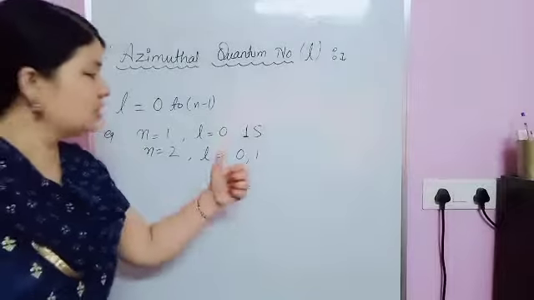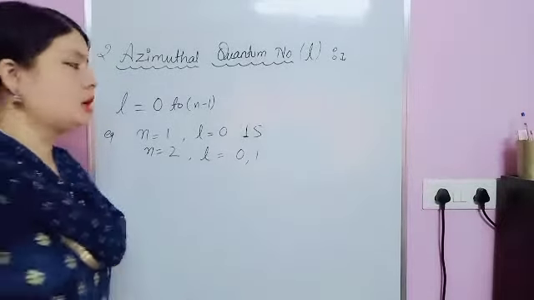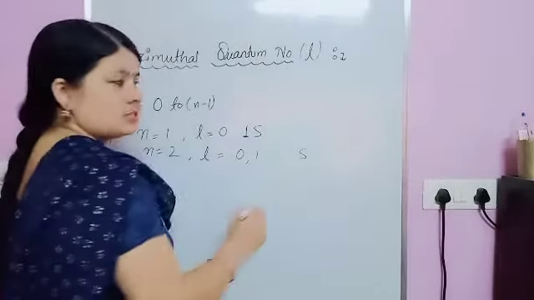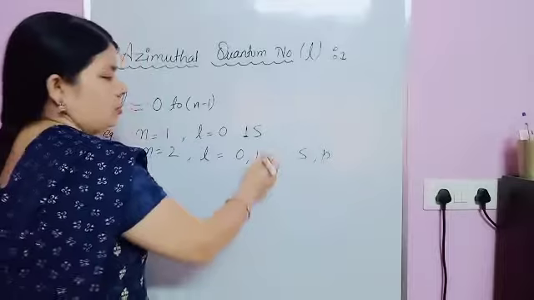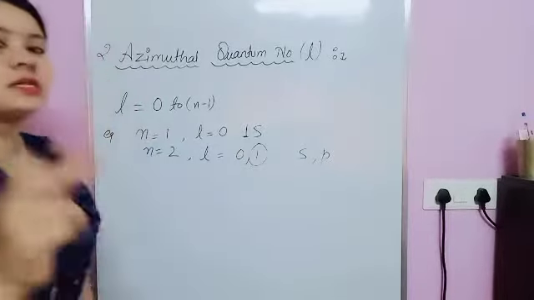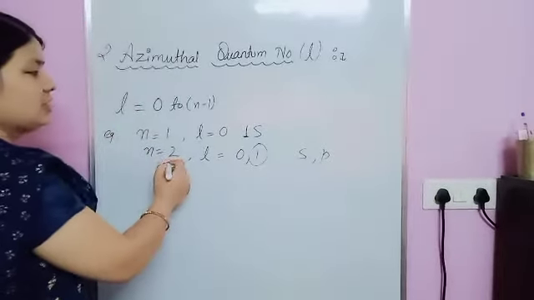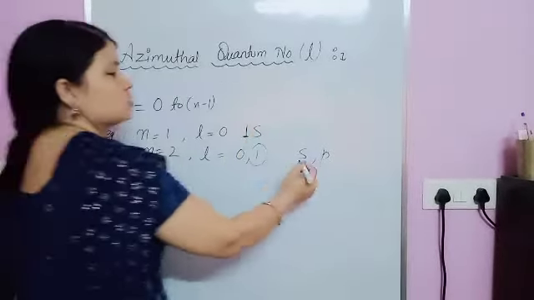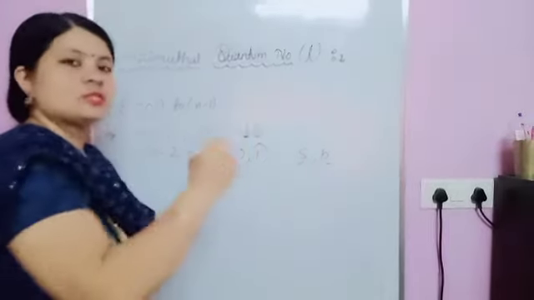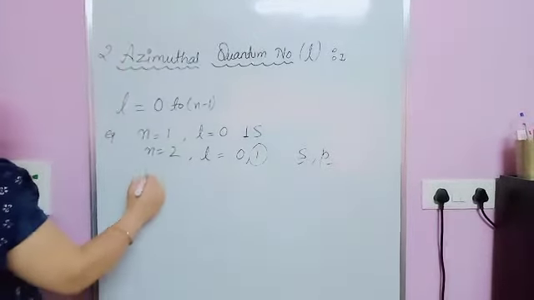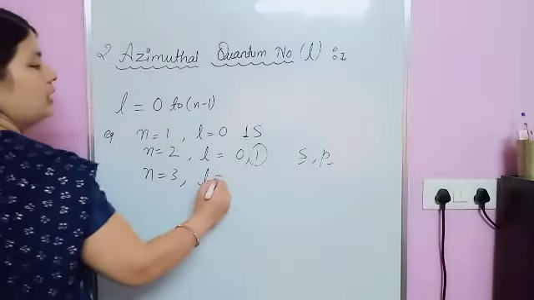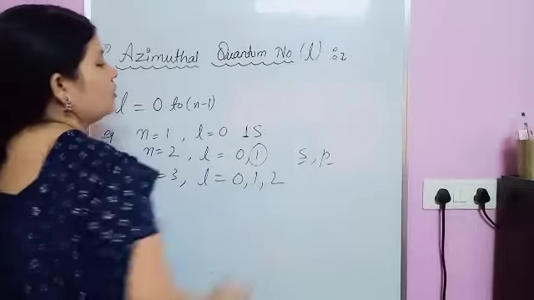It means in this one, how many subshells are possible? S as well as P, because designation of this one is P. So in case of second shell, first shell only S is possible, second one S and P both are possible. In case of third one, L is equal to 0, 1, 2.